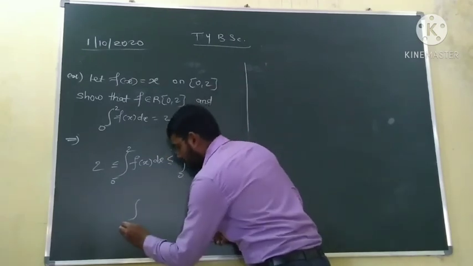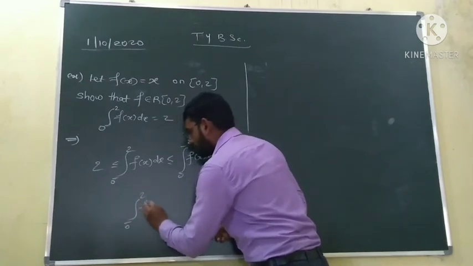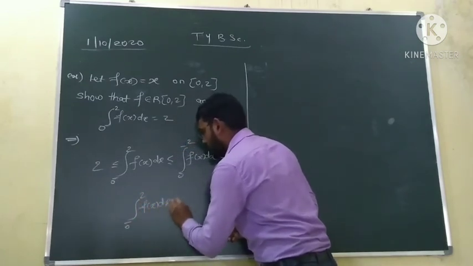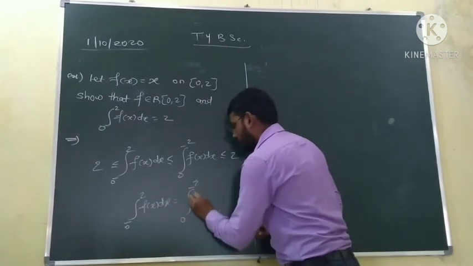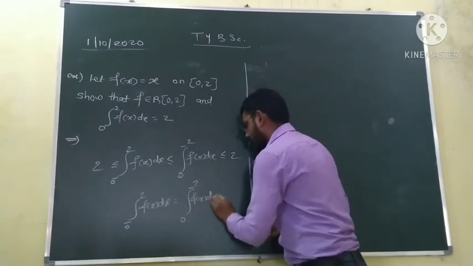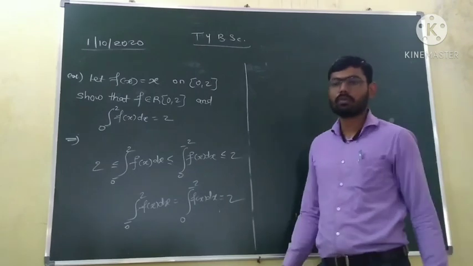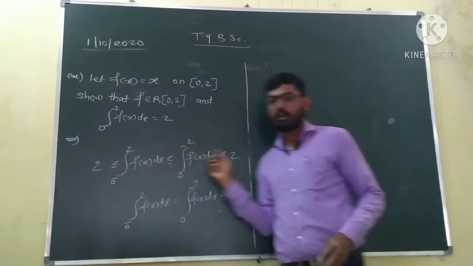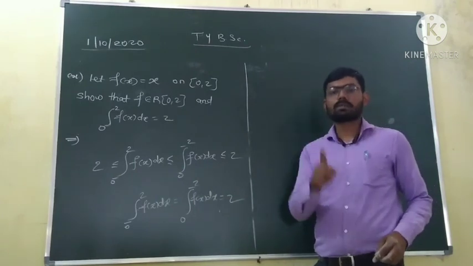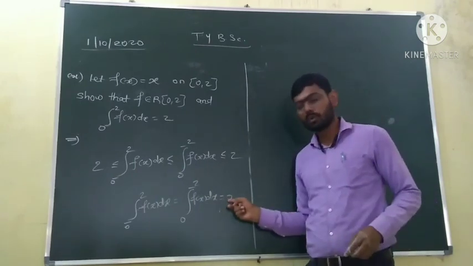That is, the lower integral from 0 to 2 of this function must be equal to the upper integral of this function, and this must be equal to 2, because there is a value which is greater than or equal to 2 and less than or equal to 2. So there is only one option, that it must be equal to 2.